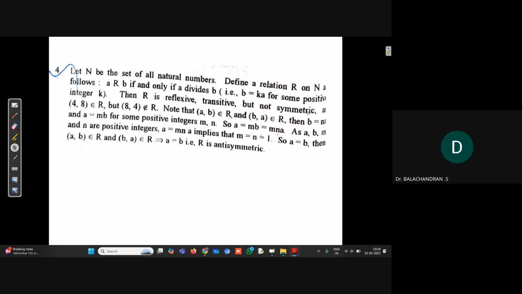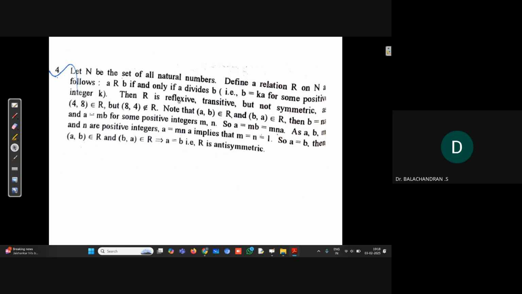Why is it reflexive? Because a divides a, so you can say a is related to a. That's why it is reflexive.